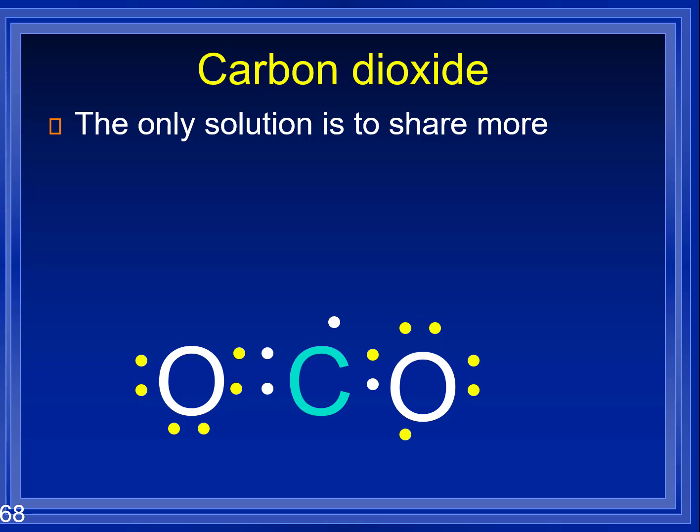If you look at this oxygen over here, it gets to count all the electrons in the bond. How many electrons are around that oxygen? 8, or 4 pairs. 1 pair, 2 pair, 3 pair, 4 pair.